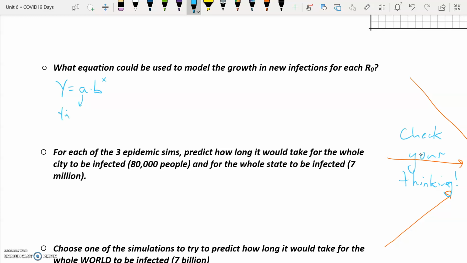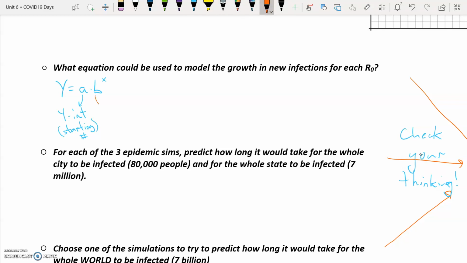When we talk about exponent rules in a couple of weeks, it'll make more sense why that number is the y-intercept. But for right now, that's our y-intercept for our simulation or our scenario. That's your starting number infected.